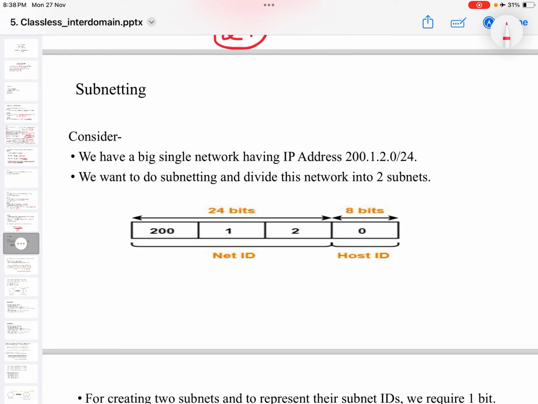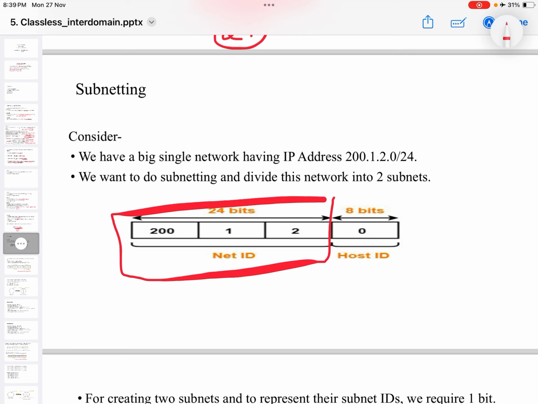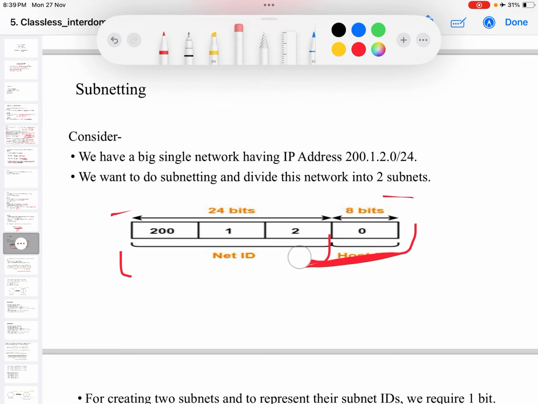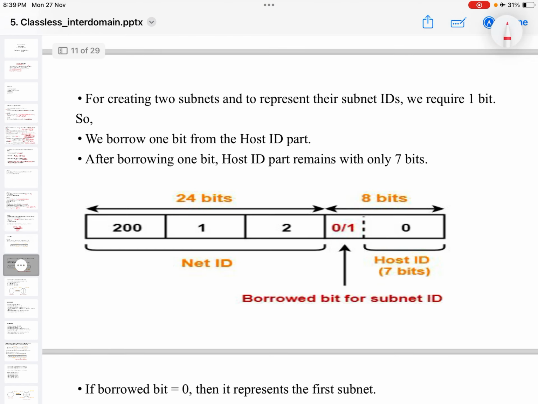Subnetting. We have a big single network having IP addresses 200.1.2.0/24. We want to do subnetting and divide it into 2 subnets. So this is what we have done. We have divided it into 2 subnets. For creating two subnets, we represent their subnet IDs.